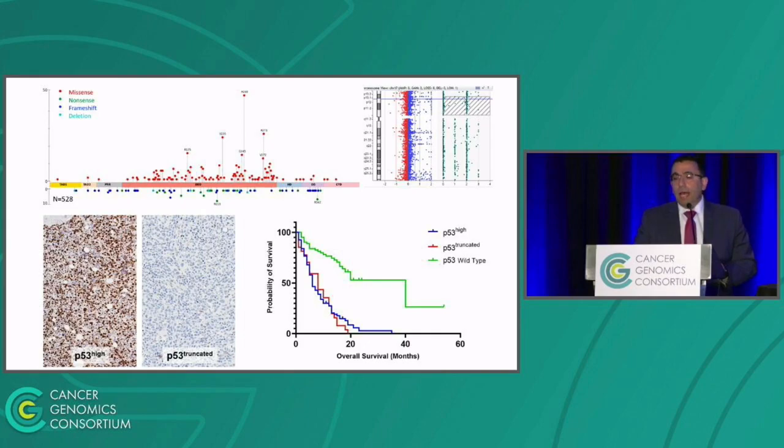We also showed that in addition to mutant P53 protein expression manifesting itself as overexpression of the P53 protein by standard immunohistochemistry, we noticed that a sizable subset of AML cases can have an abnormal P53 protein expression pattern by IHC that's characterized by loss of the protein, by loss of signal.